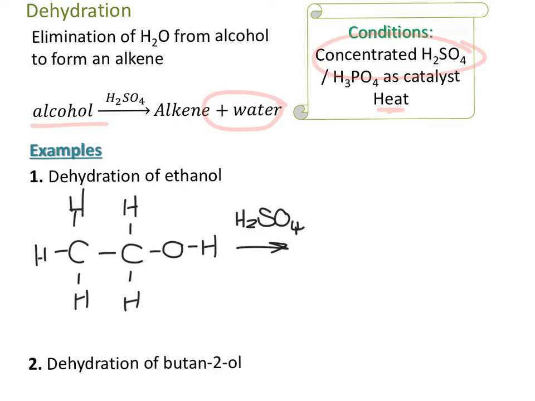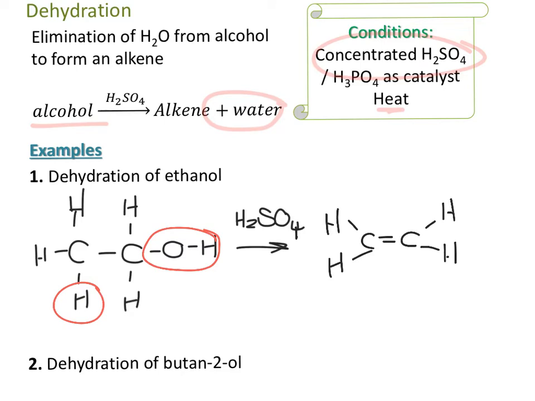Okay, it's not a reactant. It's a catalyst that goes on top of the arrow. So this OH is going to come off and one of the hydrogens adjacent to it is going to come off. So that means I'm going to end up with ethene and water. Okay, straightforward, nothing difficult about that one.